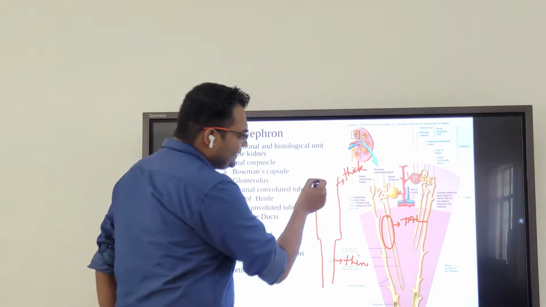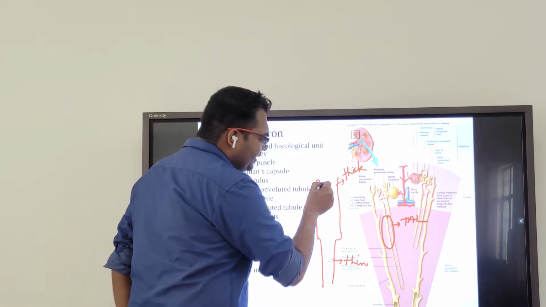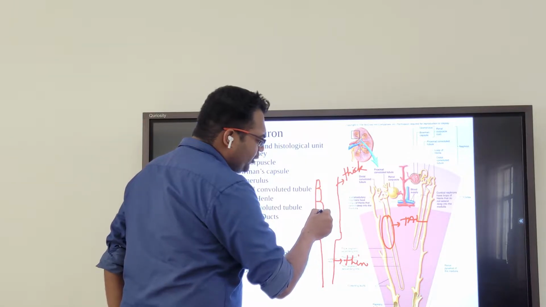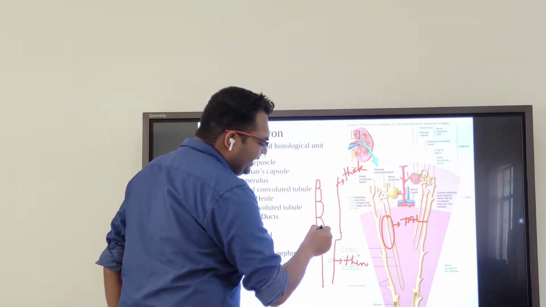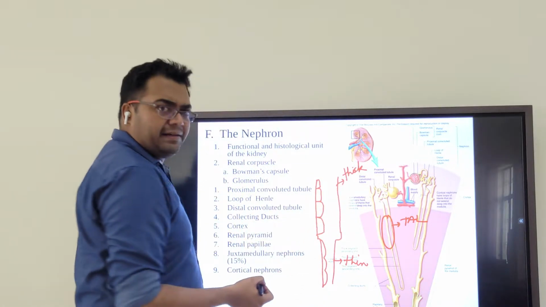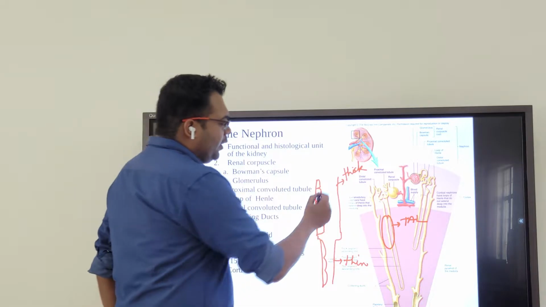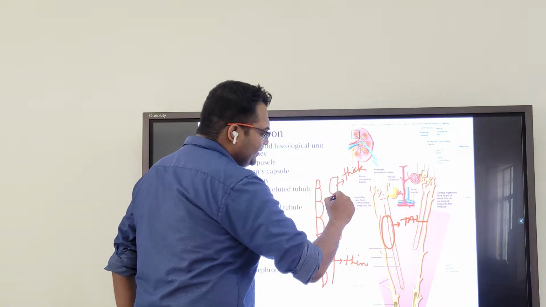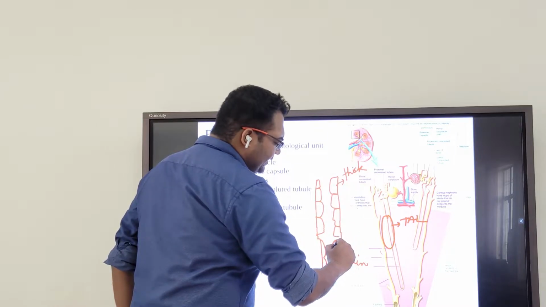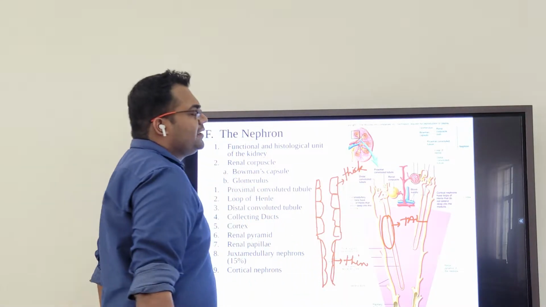The main difference is that we'll have low cuboidal epithelial cells with a little bit of microvilli, and here it will be squamous epithelial cells. The lumen diameter of the thick ascending limb and the thin ascending limb is almost the same.